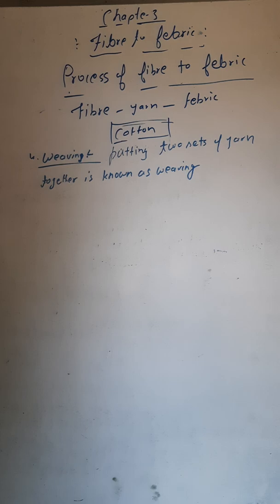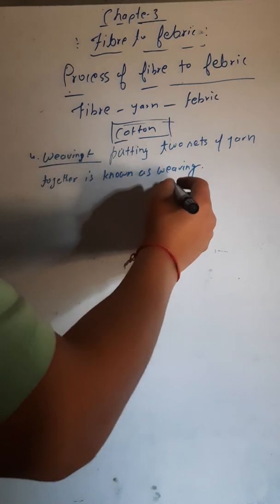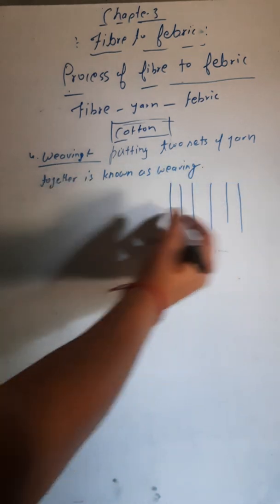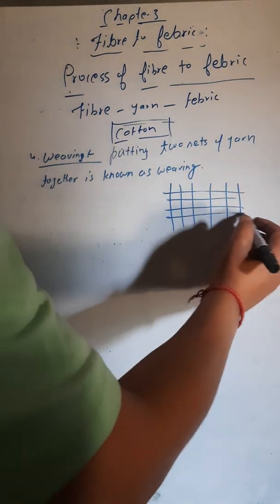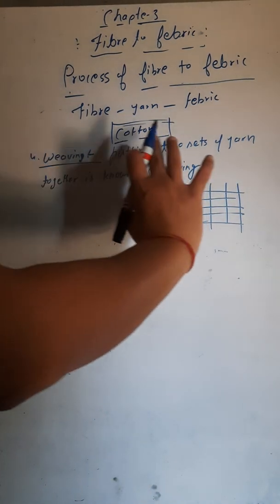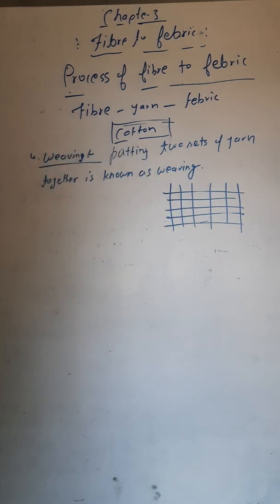So putting two sets of yarn together is known as weaving. Okay, so for weaving you need two sets of yarn. Are you getting? Just like the net-like structure is made here with the help of the vertical yarn, and some would be there the horizontal one. With the help of these two, horizontal and vertical, we are making the fabric out of that. So this process is known as weaving.